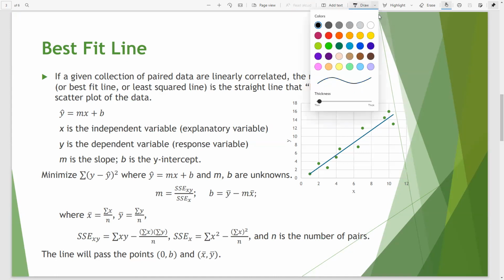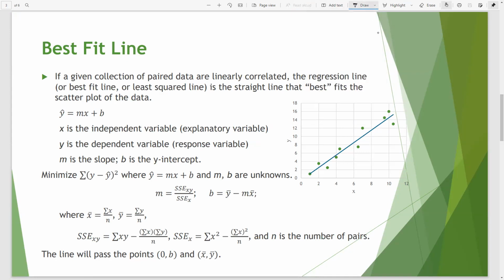We have a scatter plot in green that shows the paired data set, and in blue is the line going through that models the pattern in the best way. How it is the best, we can see.